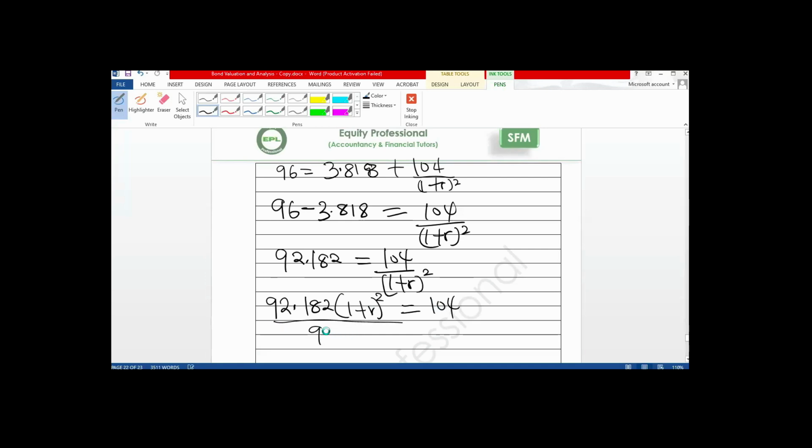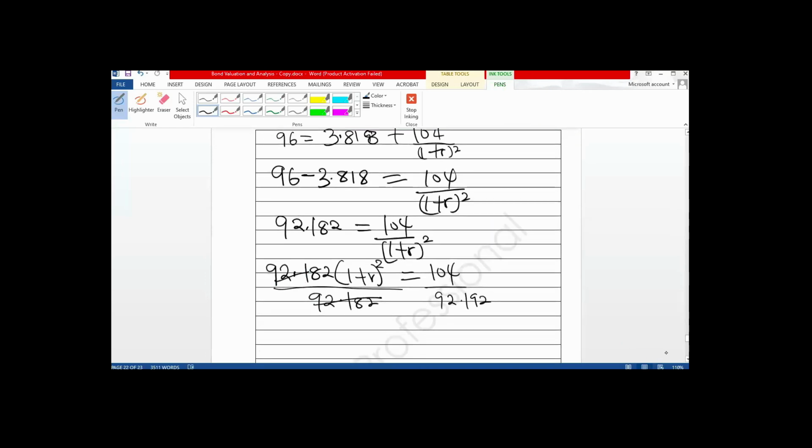Divide both sides by 92.182. This will cancel out. 104 divided by 92.182 gives 1.1282.